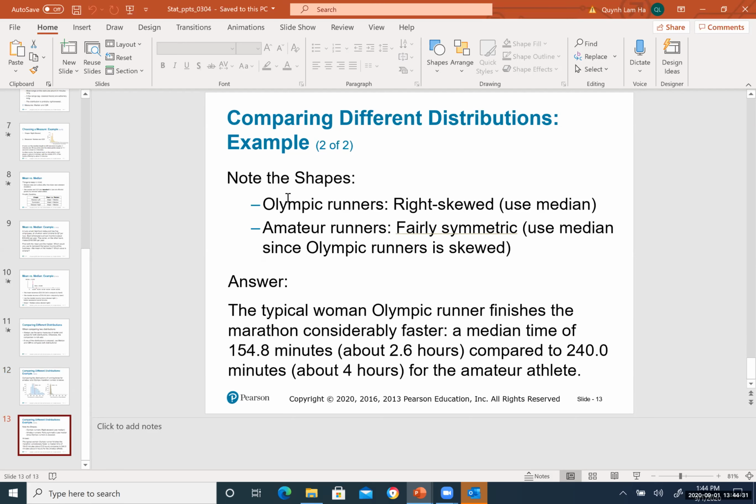So here is the conclusion. They both are kind of right skewed or symmetric. So we give priority to skewed, so we use the median for both and the IQR for both. Like I just analyzed by looking at the graph, look at the Olympic women runners. The Olympic runner runs faster because of the spread between the data.